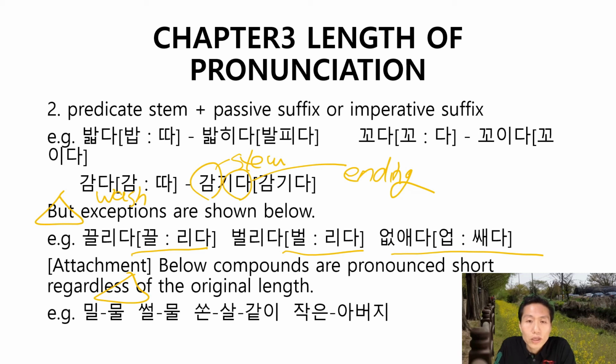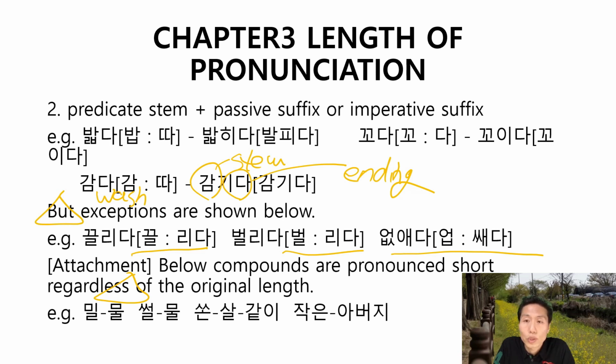Okay, today we learned about the standard Korean pronunciation, starting from chapter 1 to chapter 3. Chapter 1, we were talking about general rules. Chapter 2, we talked about standard Korean vowels and consonants.